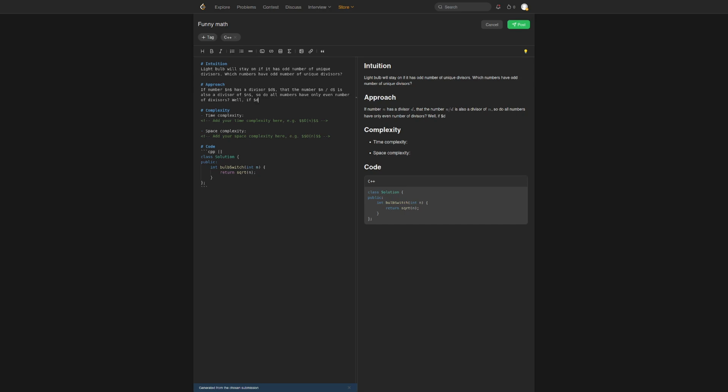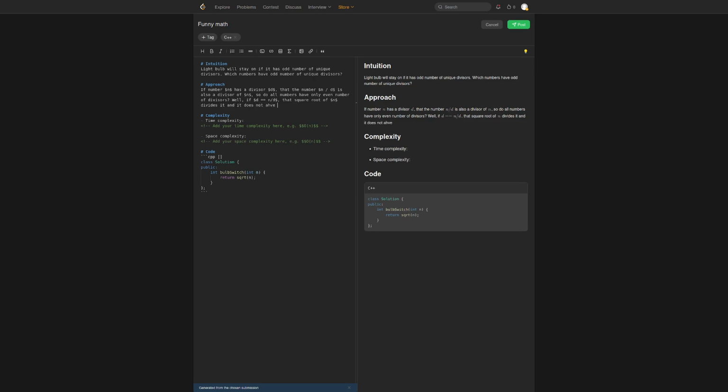Well, if d equals n divided by d, then the square root of n divides it, and it does not have a pair divisor.